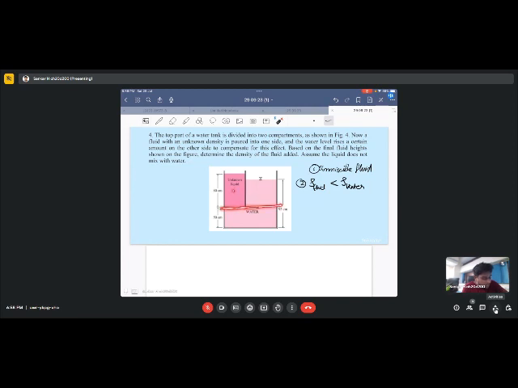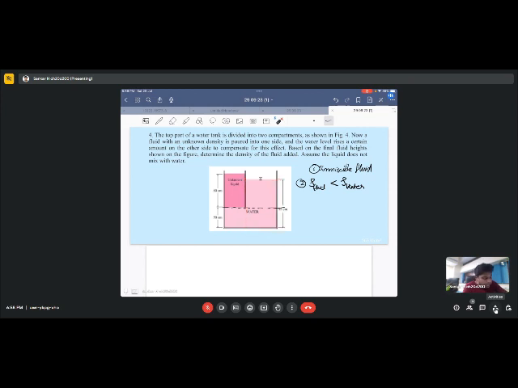If you take this particular line, there is the pressure of this unknown liquid acting downward and the pressure of water acting downward here.